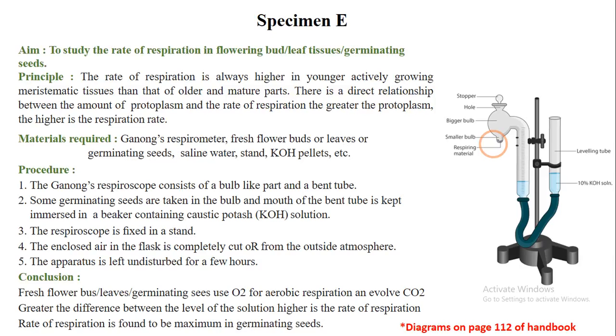In this case, we'll consider germinating seeds. So in this smaller bulb, you have to add the germinating seeds. And then you see this bent tube is attached to one side of a pipe. This is a rubber pipe, and the other side of the pipe is attached to the other tube.